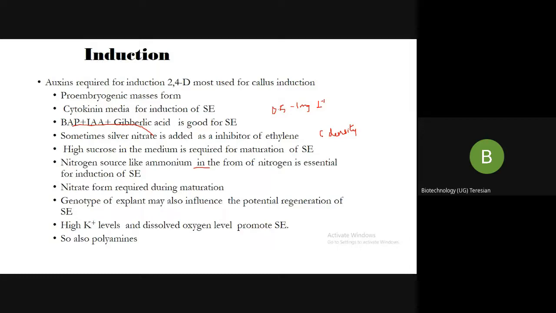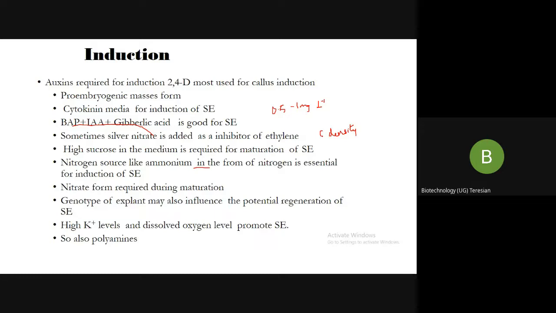So what we are telling, for example in carrot, what they did was the cell density was more and it was an auxin-free media. What did it happen? It resulted in the inhibition of the somatic embryogenesis formation.